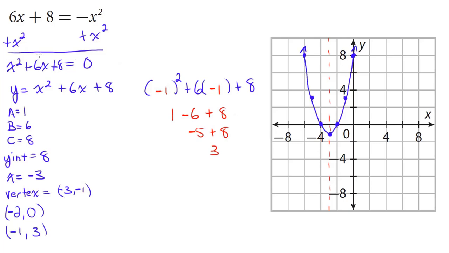And we look for our zeros, which are right here. We have the point -4 comma 0 and we have the point -2, 0. So our solution to this quadratic equation is x equals -4 and x equals -2.